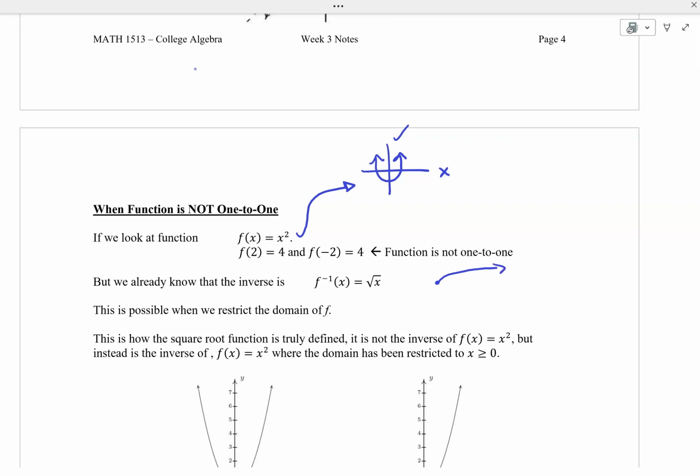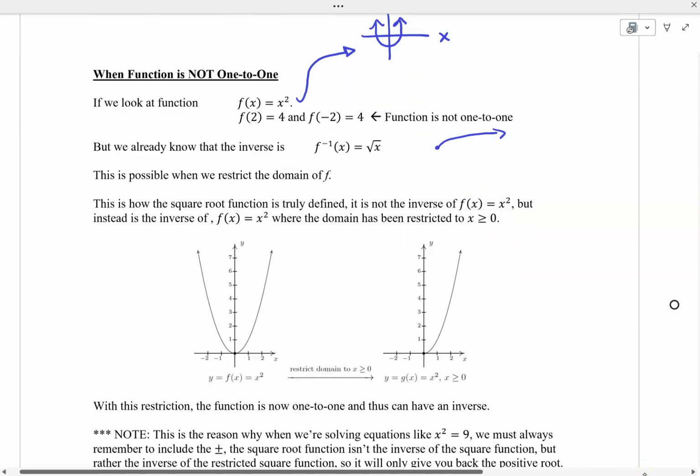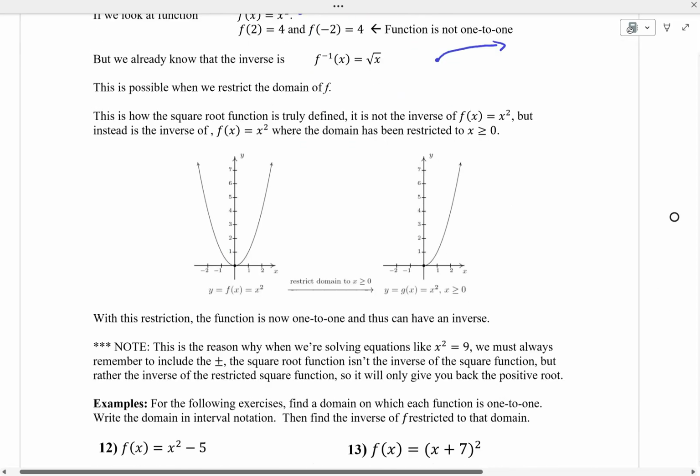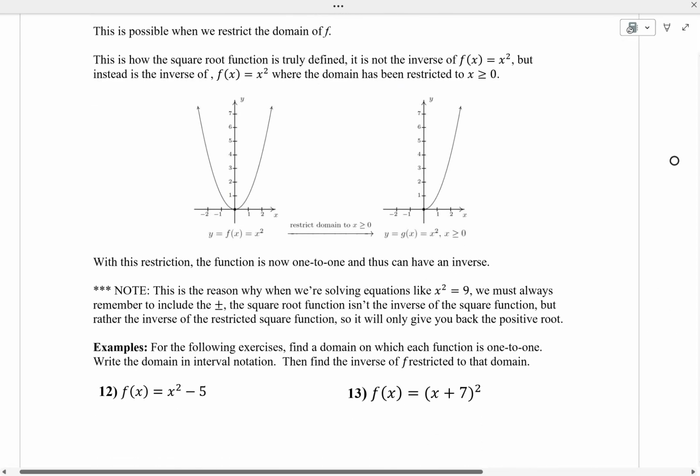And the domain is already restricted. It's from 0 and above. So basically, when you are given your problems, you are going to have to figure out where to restrict your domain so that inverses can be found. We can take functions and restrict their domains so that we don't have anything repeating.